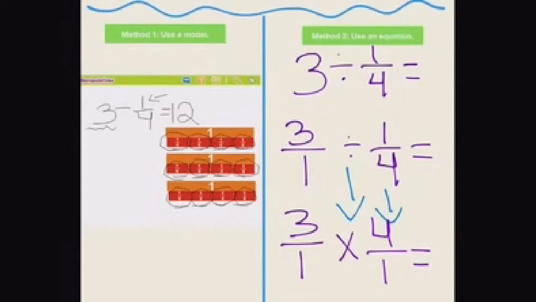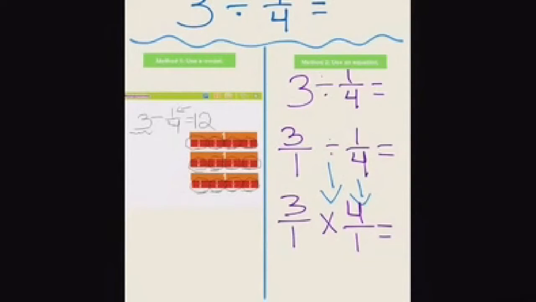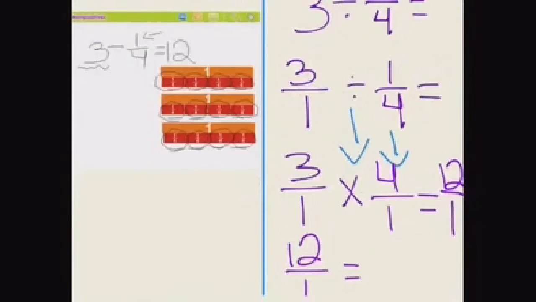Now I simply multiply straight across as you already learned how to do with multiplying fractions. 3 times 4 is 12, and 1 times 1 is 1. So we get a quotient of 12 over 1, but we're going to go ahead and simplify that to 12, since we know that 12 divided by 1 equals 12.